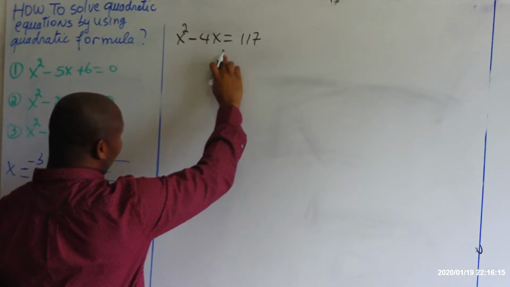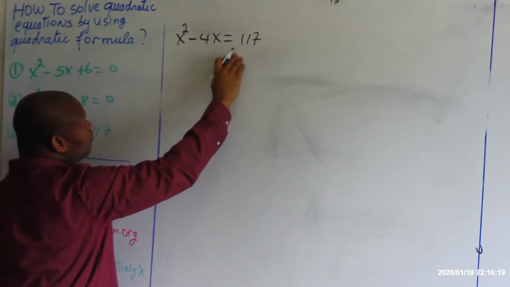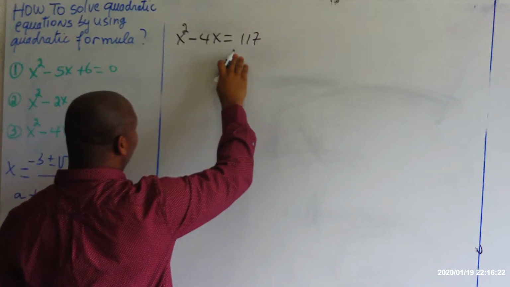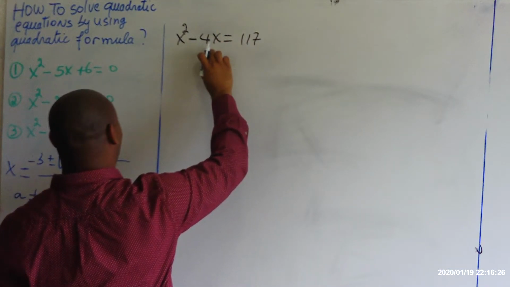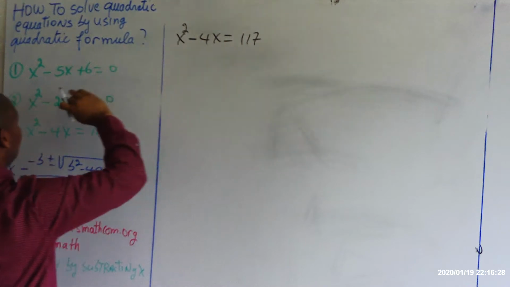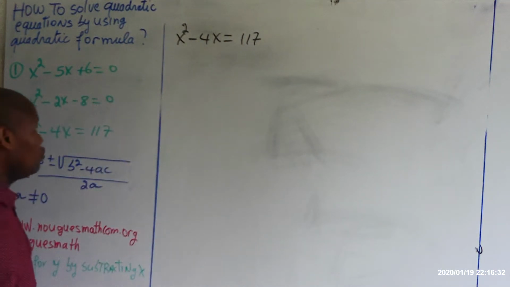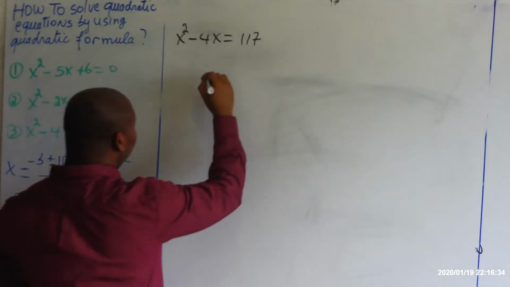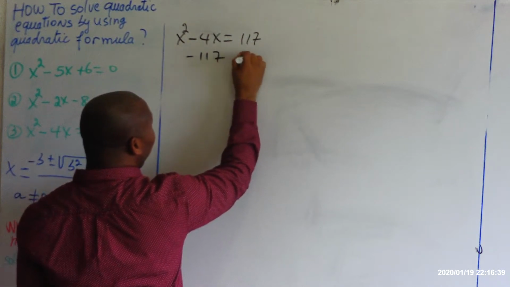In order to do that, we need to subtract 117 from both sides. That's what we're going to do to make this equation like this one, x squared minus 5x plus 6 equals 0. Let's subtract 117 from both sides.